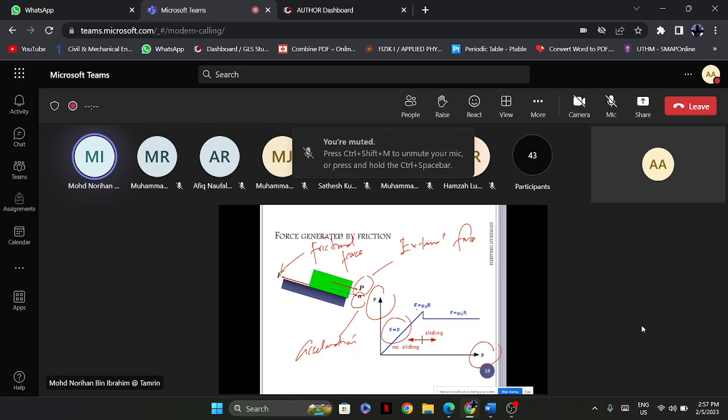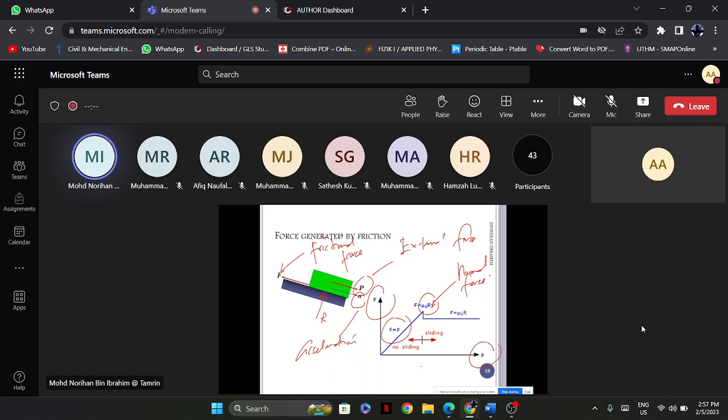When F is equal to P, just before it slides, F is equal to mu S multiplied by R. R is the normal force.